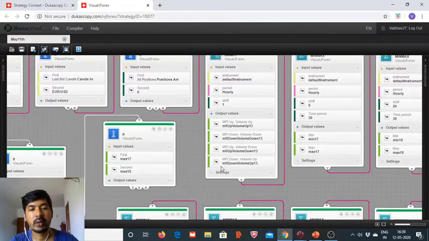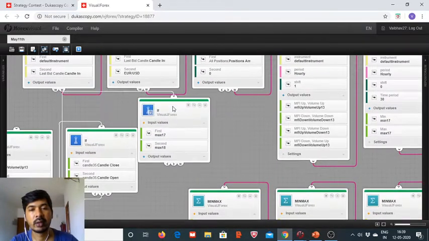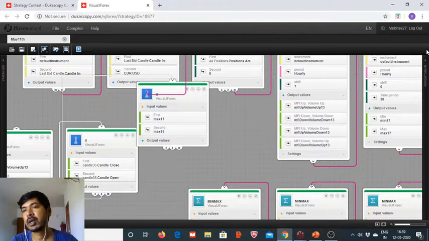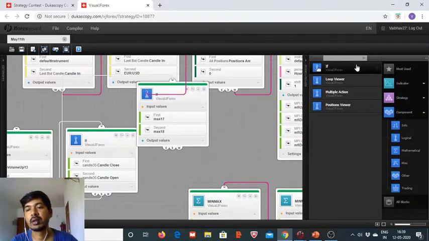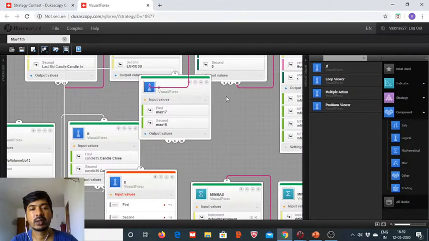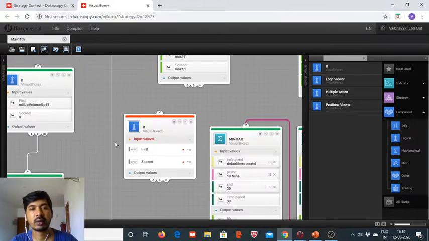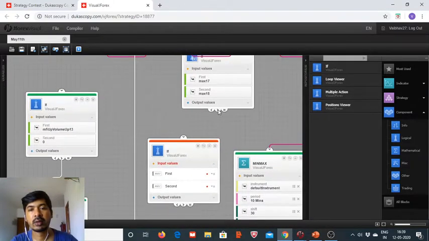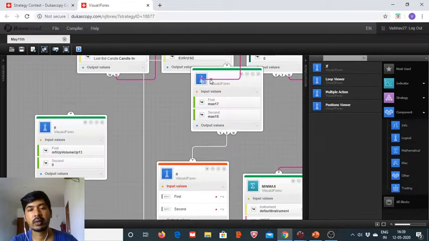It should be maxima 17 should be greater than the maxima 18. We bring in other if condition. It should be greater.